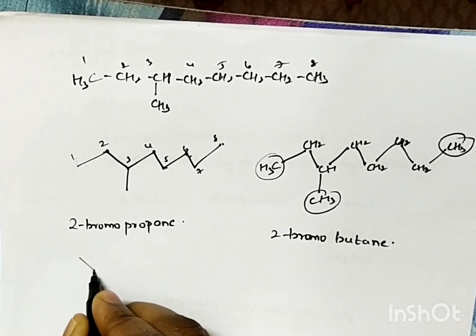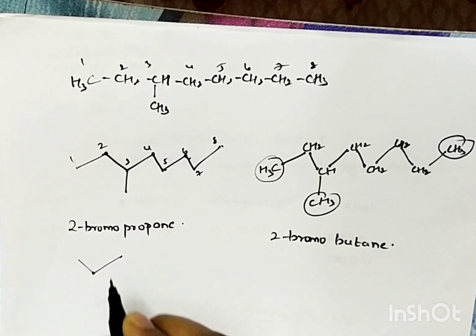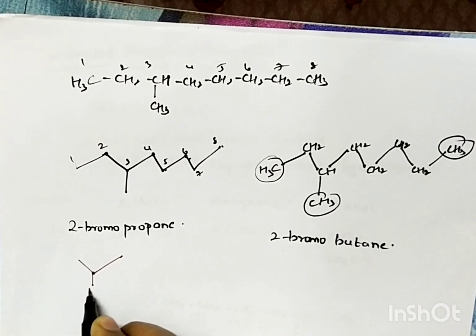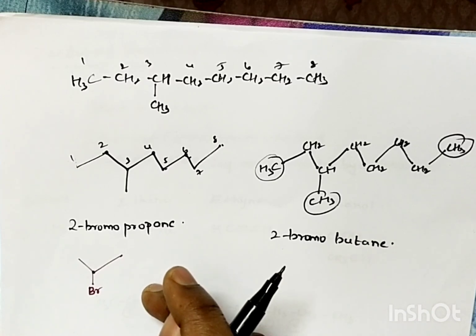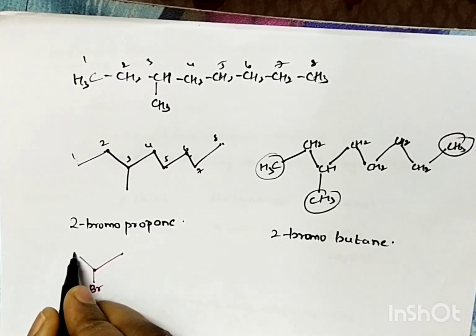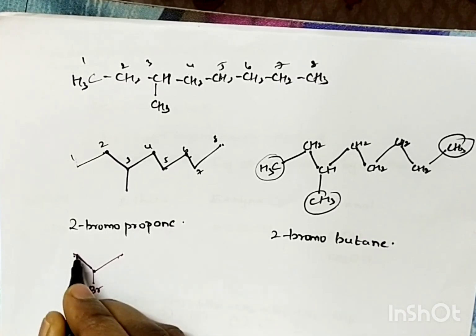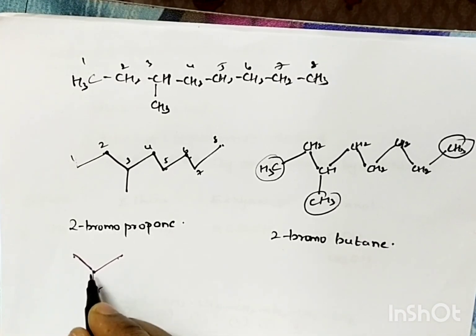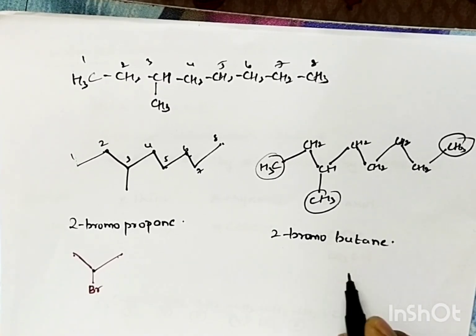Prop means 3 carbons. So on the second carbon there is a bromo group. Atoms other than carbons and hydrogens can be shown. So this is the bond line structure. This is the first carbon, second carbon, third, these are methyl groups, and 1 bromo is present on the second carbon. So 2-bromopropane. So let's see 2-bromobutane.